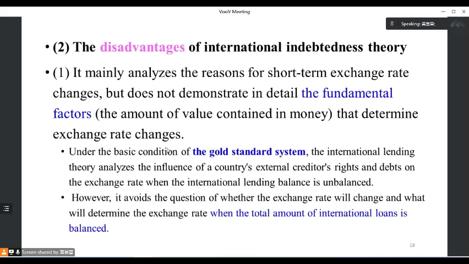Let's go on. Disadvantage of international indebtedness theory.